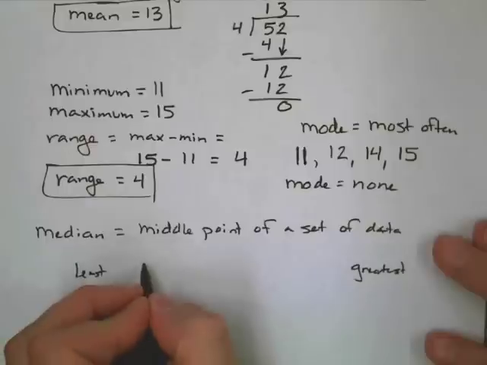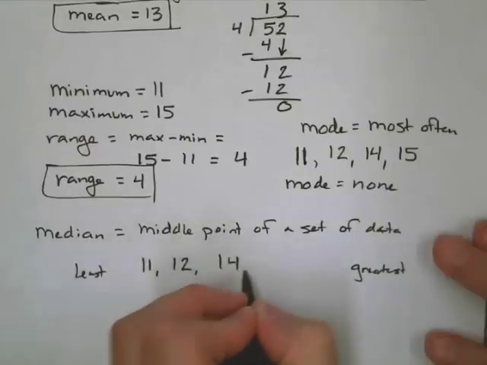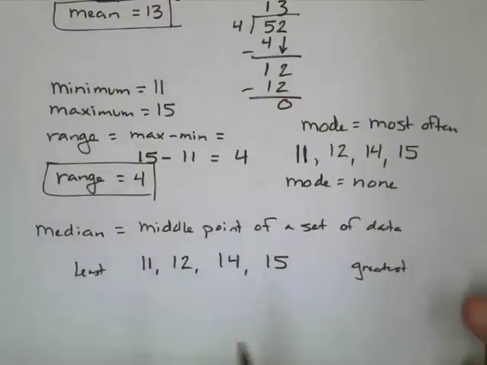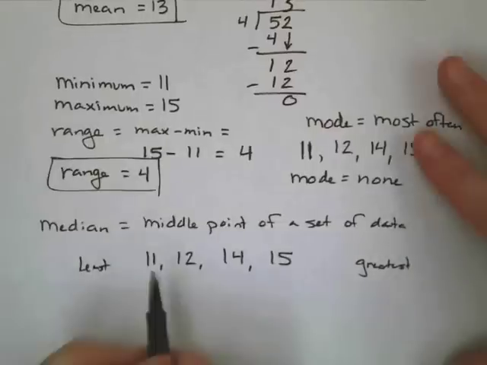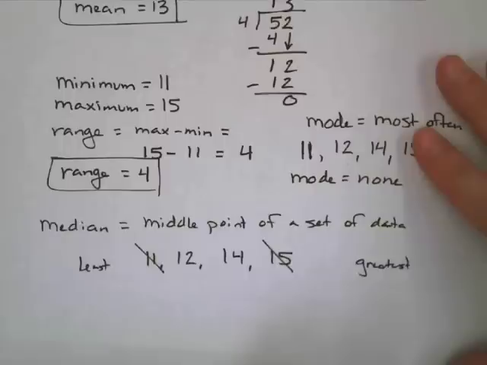So I'm going to put down, I have 11, 12, 14, and 15. And when I'm finding the median, I want the number that's right in the middle. So I'm just going to start on either end and cross off. So I'm going to take off the smallest and the largest until I get to my middle.